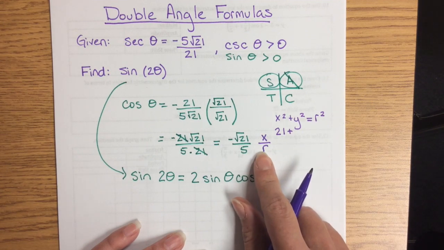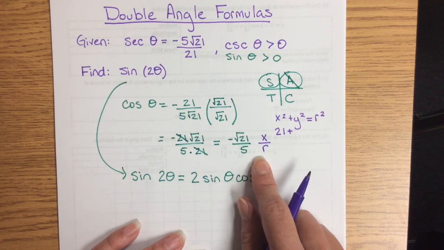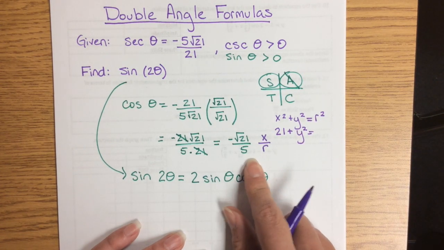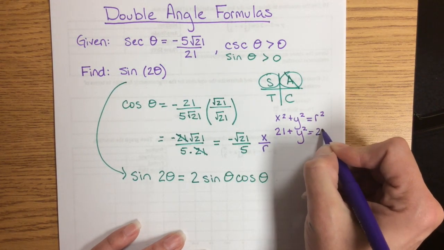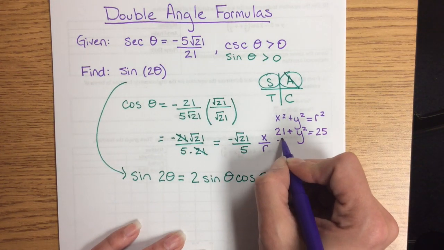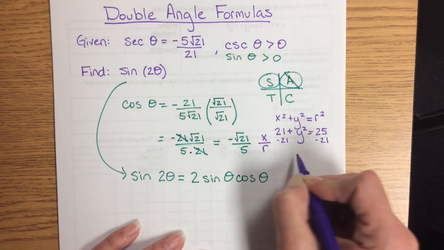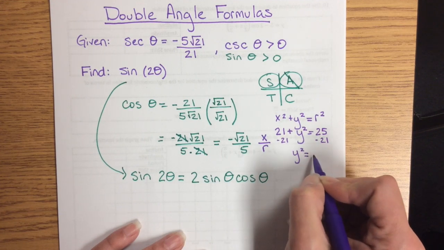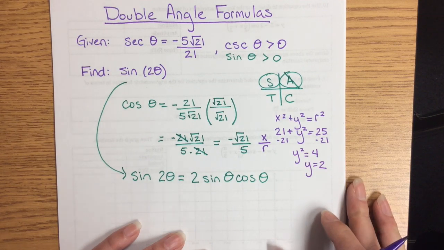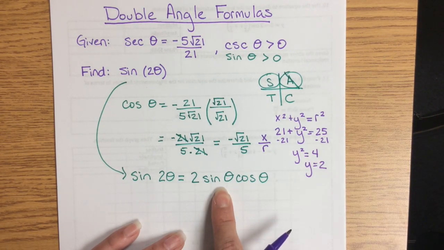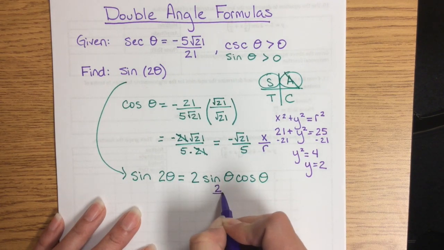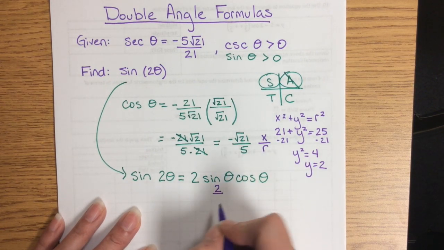And y squared we don't know, but we do know r, so plus y squared equals r squared, which is 25. So we can clean this up and subtract 21 from both sides, and we get that y squared equals 4, or y equals 2. So sine is y over r, so y is 2, and r is 5.